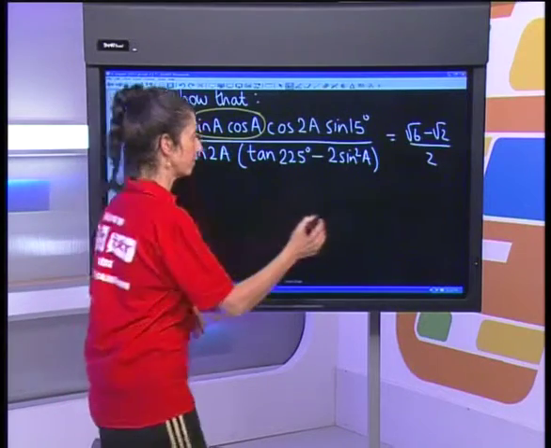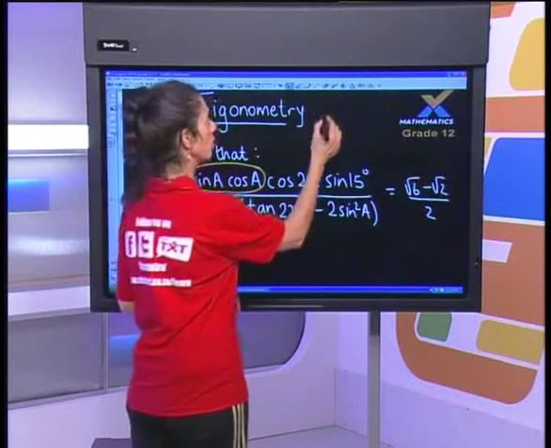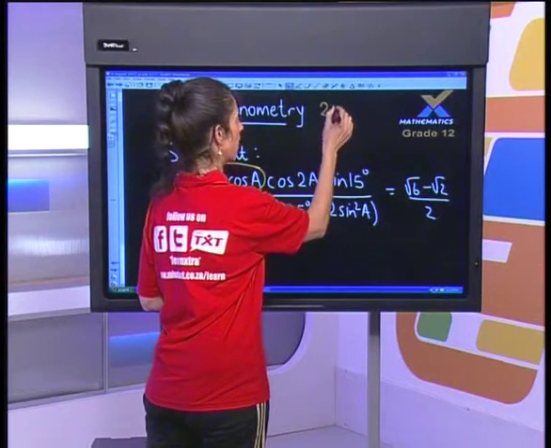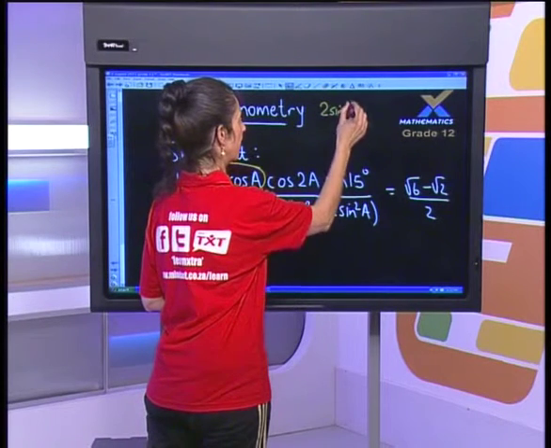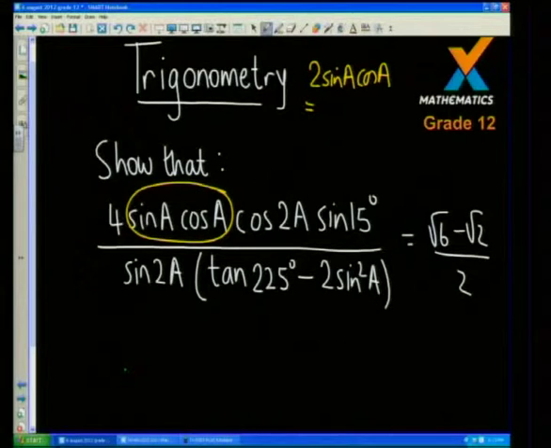So if we look at our little rule, the product of sine and cos says to us that if I have twice the product of sine A cos A, that can be simply written as the sine of one angle. So the product of sine and cos can be rewritten.